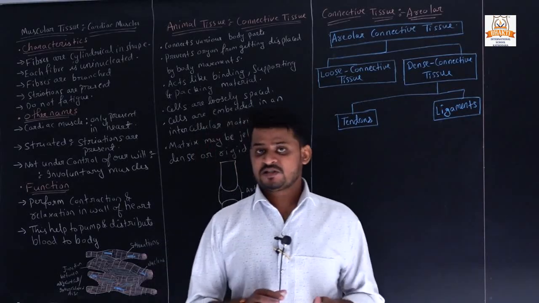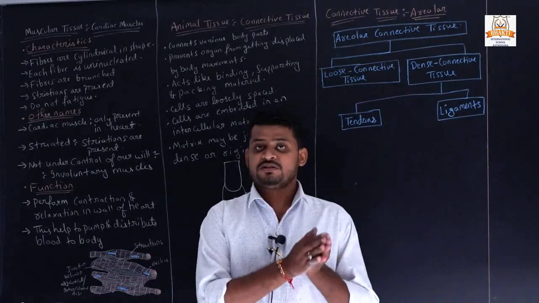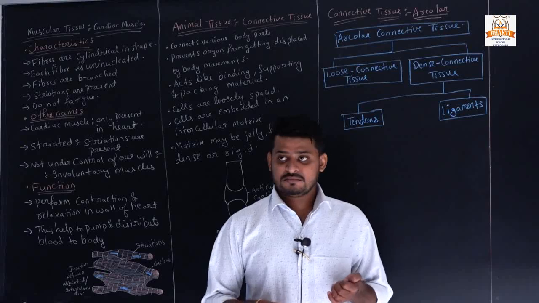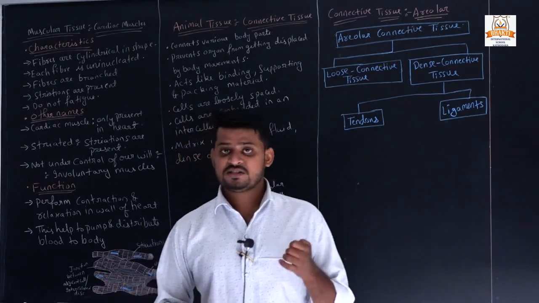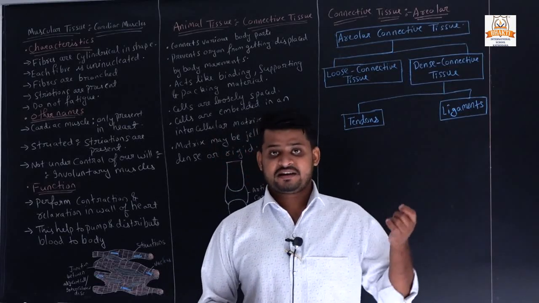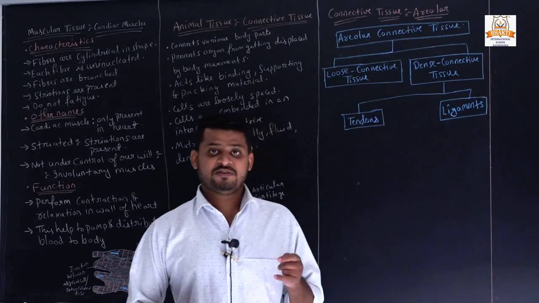There are three types of muscular tissues, of which we already discussed two in our previous video, skeletal muscle tissue and smooth muscle tissue. We already discussed what they are, their properties, characteristics, and other names.